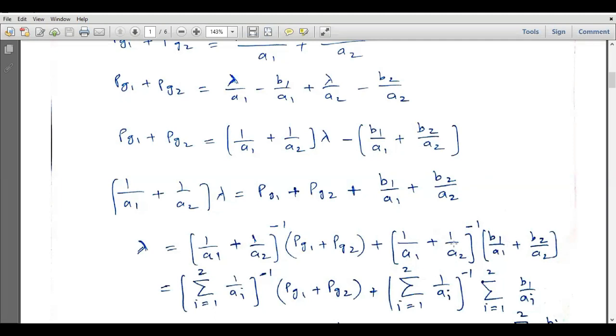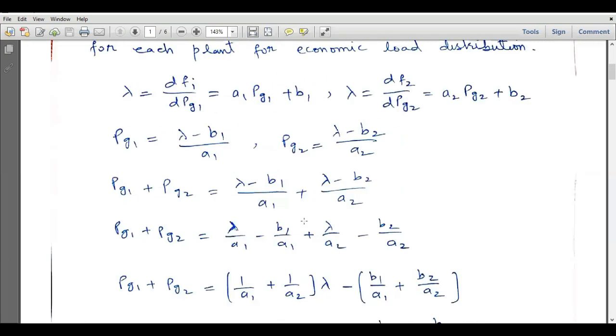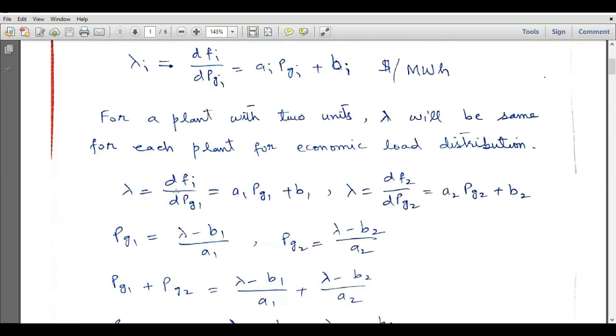These are simple algebraic steps, and this can be written in general with the use of a summation: summation i equals 1 to 2 of 1 over ai, inverse, times PG1 plus PG2, plus again the summation, which can also be written in summation form. So again we have got an expression for lambda analogous to the one for each individual unit.